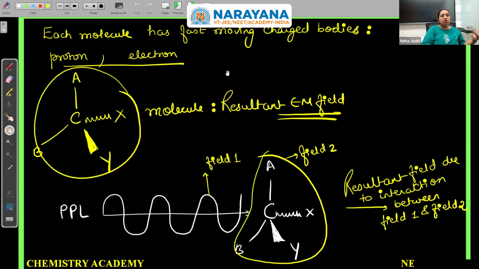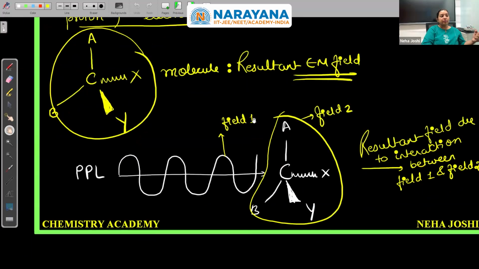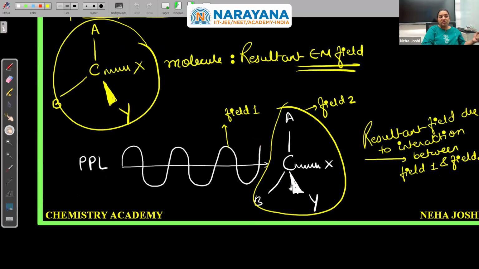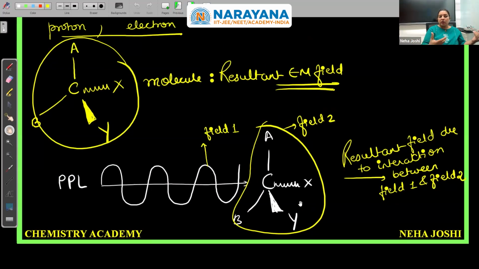Ideally, if I talk, each molecule should be optically active. Why? Because each molecule has fast moving charged bodies inside it. All of them will have some electromagnetic field in them. So, interaction of a resultant field of a molecule with the PPL must always be there. And thus, they are all somehow having some optical activity, so should be optically active.